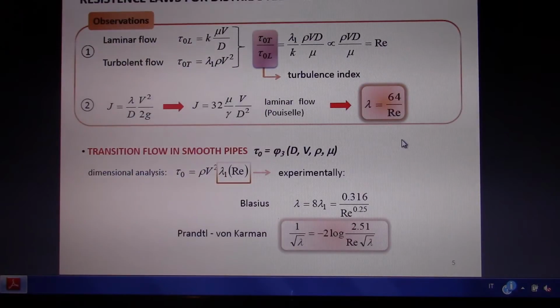The problem is that right now we have seen this condition.